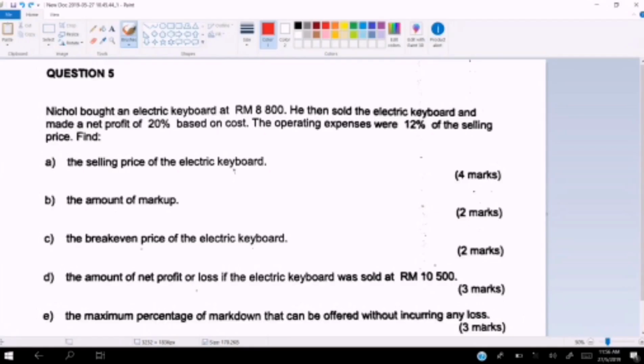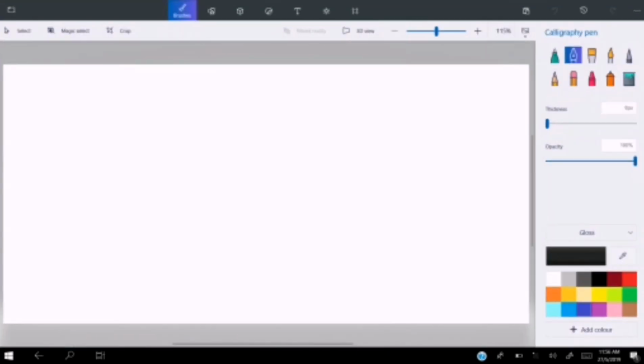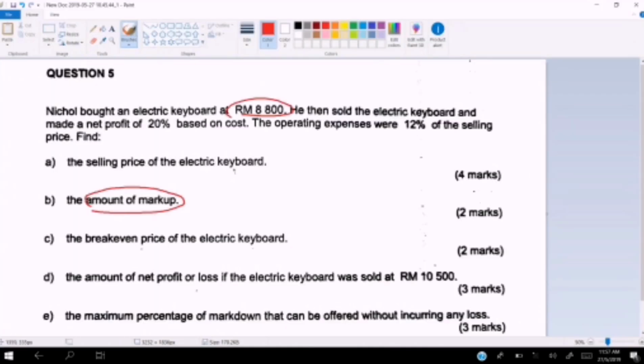All right, next question is that the question wants to find the amount of markup, and we know that markup is actually, we have just now the selling price, we got as RM 12,000, and then we know that the cost is RM 8,800, so you go back here, all right?